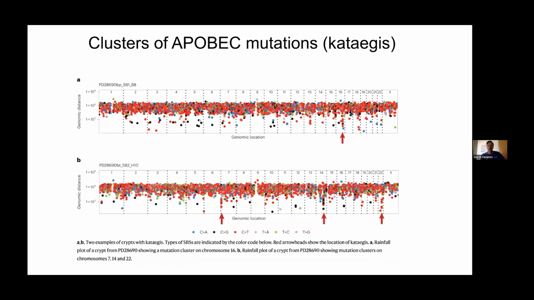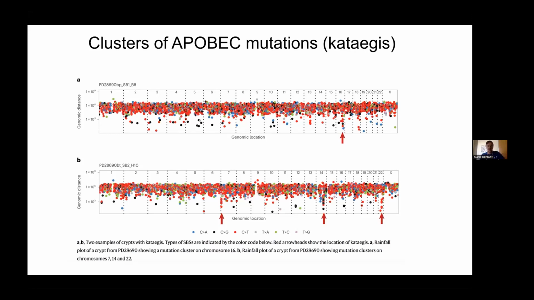Here I will show some slides where you can see that Apobec-induced mutations are frequently located in the DNA as clusters. In this so-called rainfall plot, you can see some clusters on different chromosomes, and it is usually assumed that Apobec can bind and slide along the DNA to form these clusters of mutations.